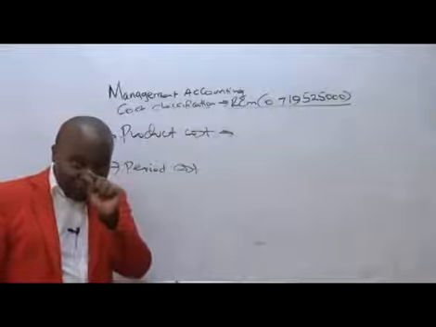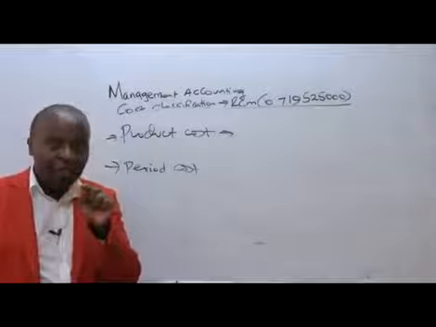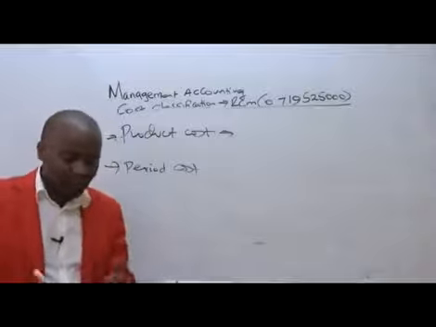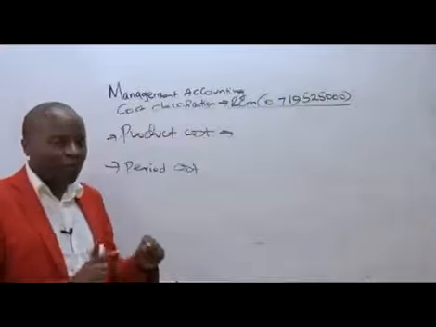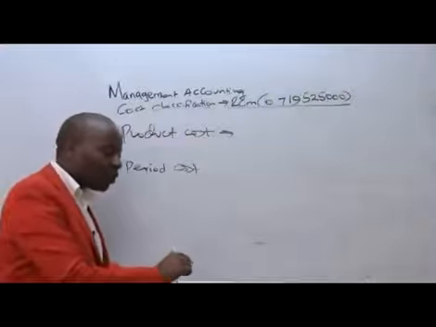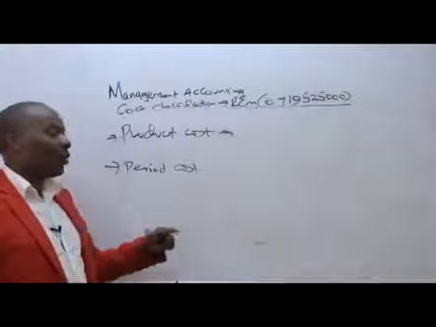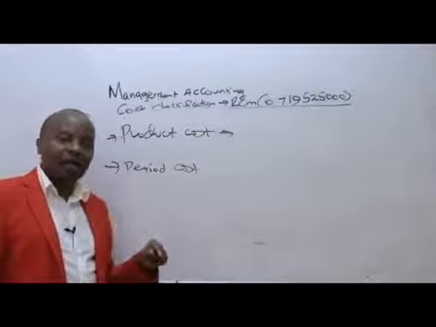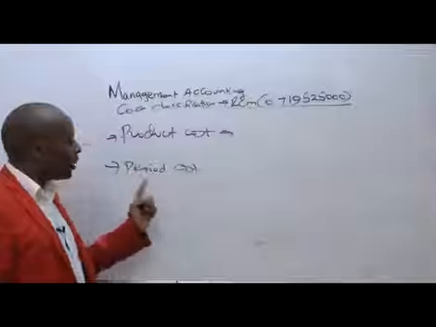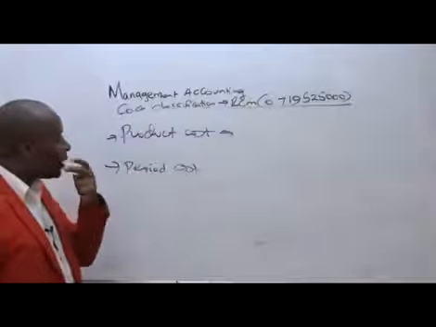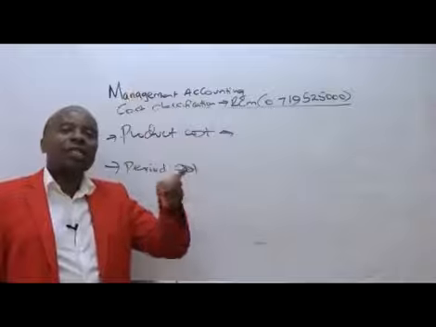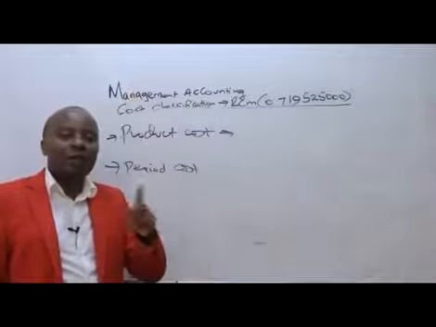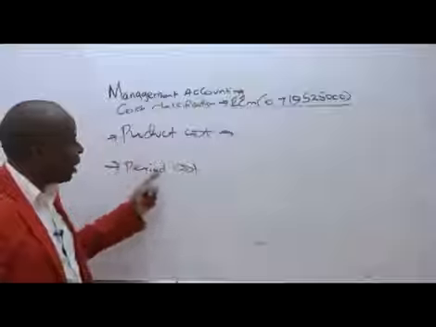We can trace them and say, for sure, this component went to this particular inventory item, this particular good which was produced, like raw materials, direct labor, etc. Most importantly, product costs are those costs which are directly associated with the inventory items that we have.